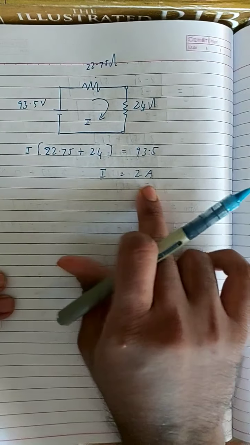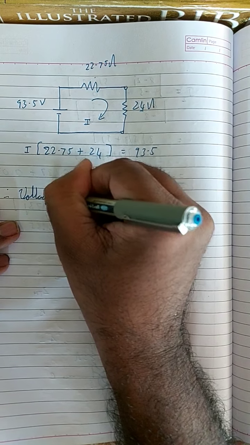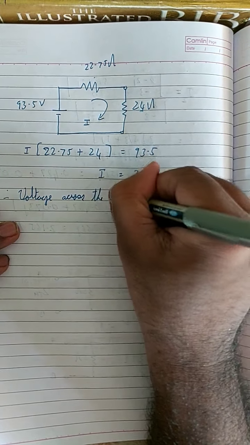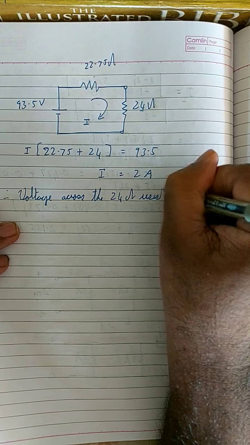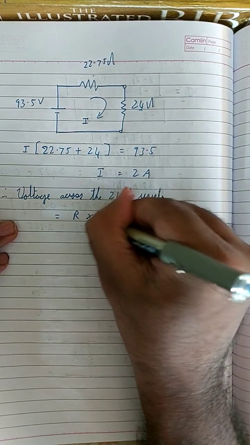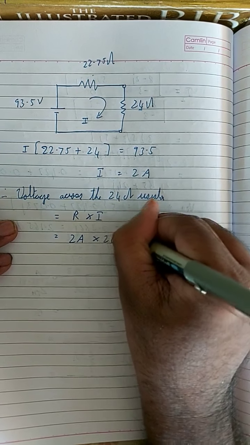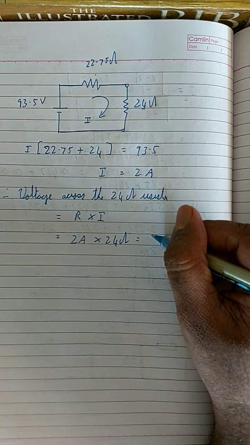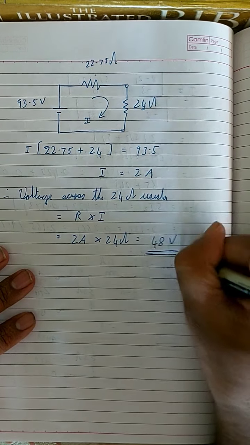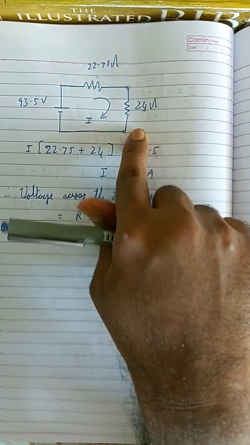So therefore voltage across the 24 ohm resistor is equal to I into R, which is 2 amperes into 24 ohms, which is equal to 48 volt. This is the voltage across the 24 ohm resistor.